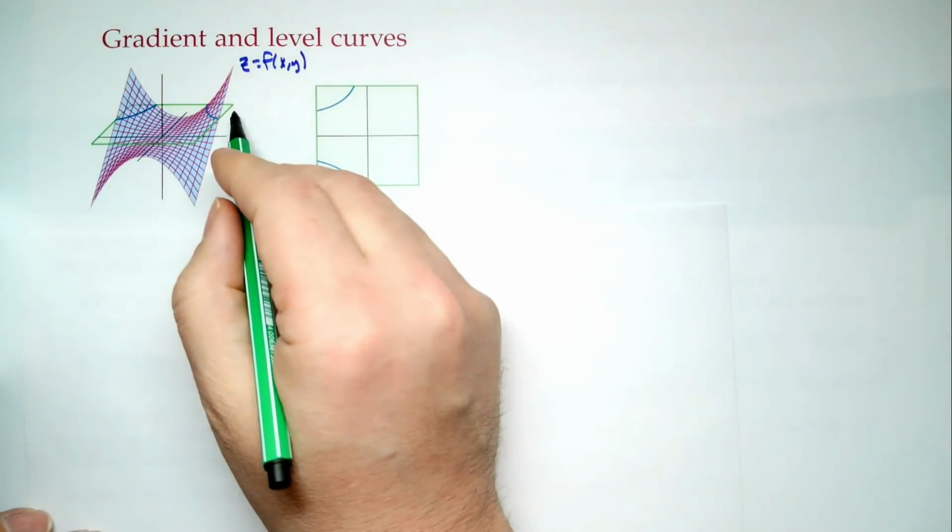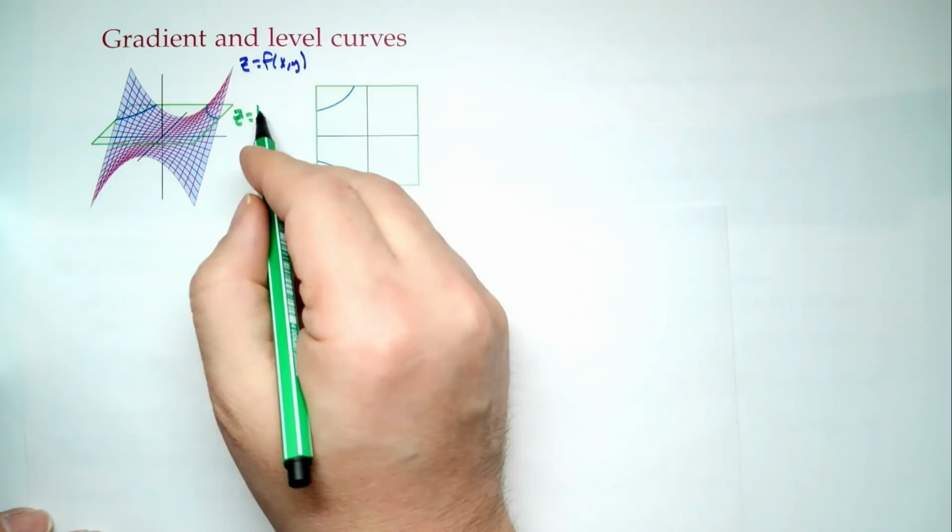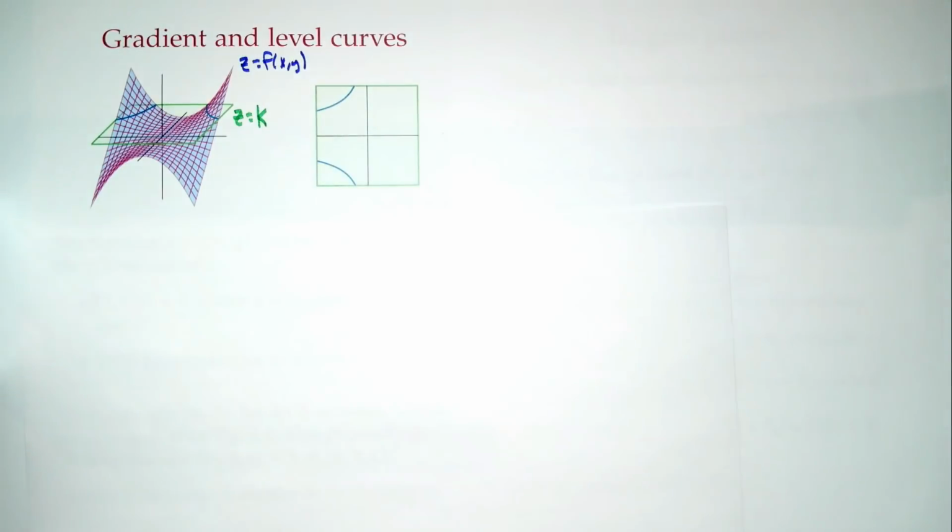I'm going to fix a slice at a particular height, or if you will, a particular level. So when I slice my function, I'm going to hit on pieces of it. In particular, I'll tend to hit along the curve.